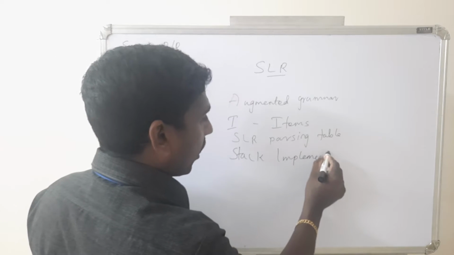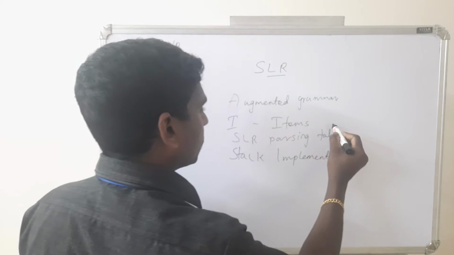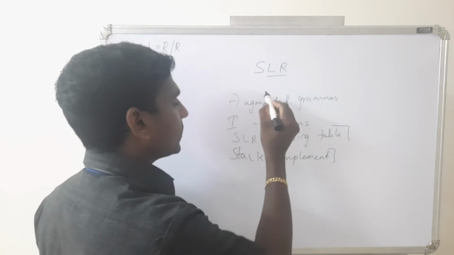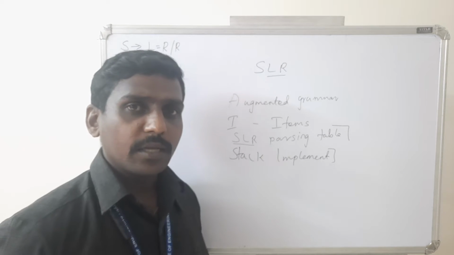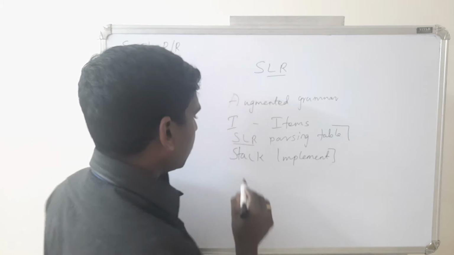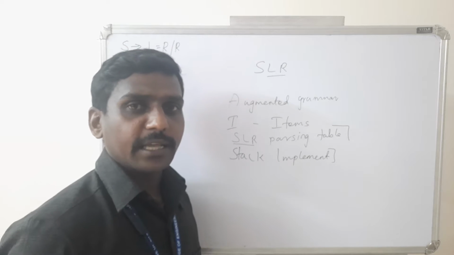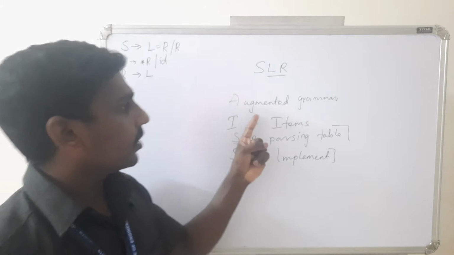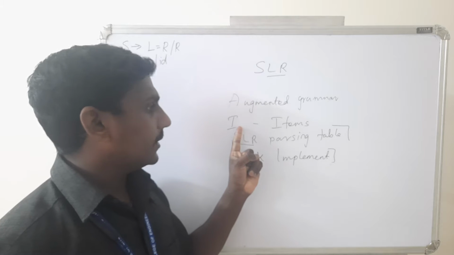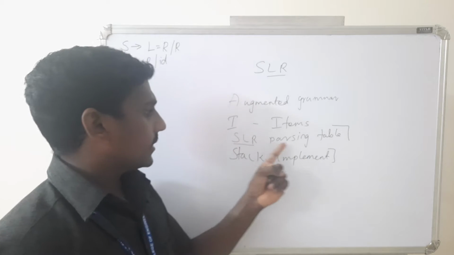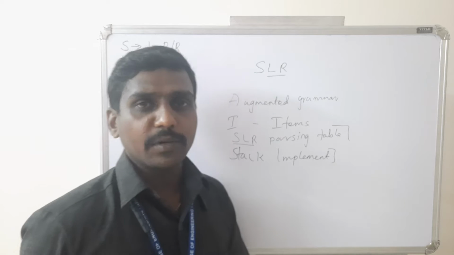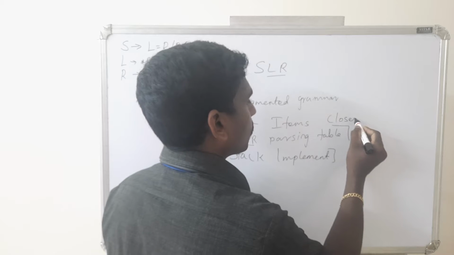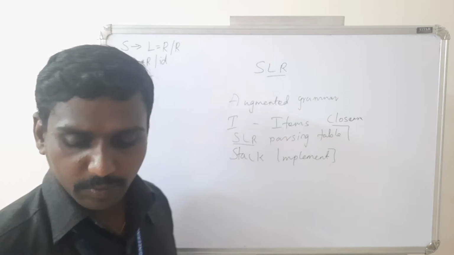In all parsers we found a parsing table and stack implementation, but this is SLR, so we have to find the SLR parsing table, which is different from the previous parsers, and the stack implementation is also different. So remember these four steps: augmented grammar, then items of all the functions, then the SLR parsing table, and then stack implementation. Here, items means we will find the closure. During the problem I will teach you.